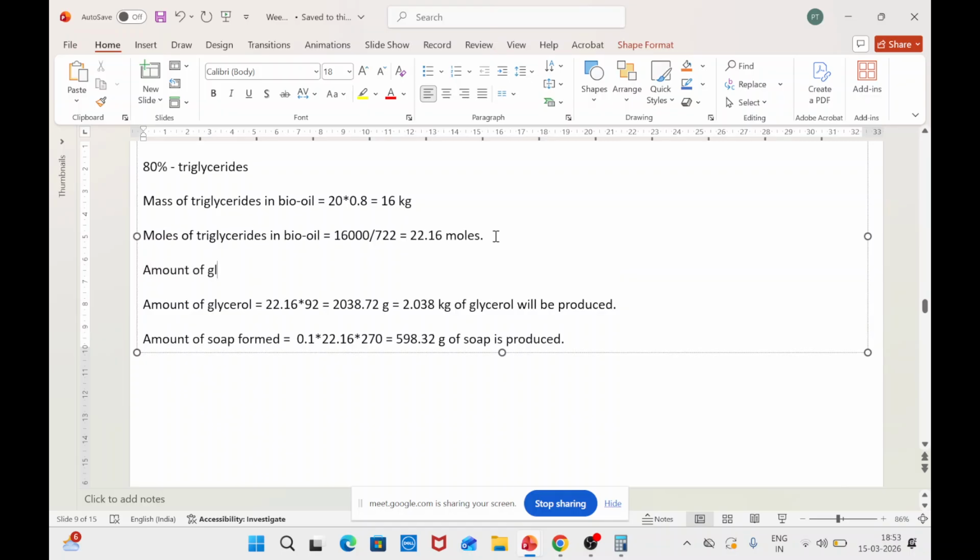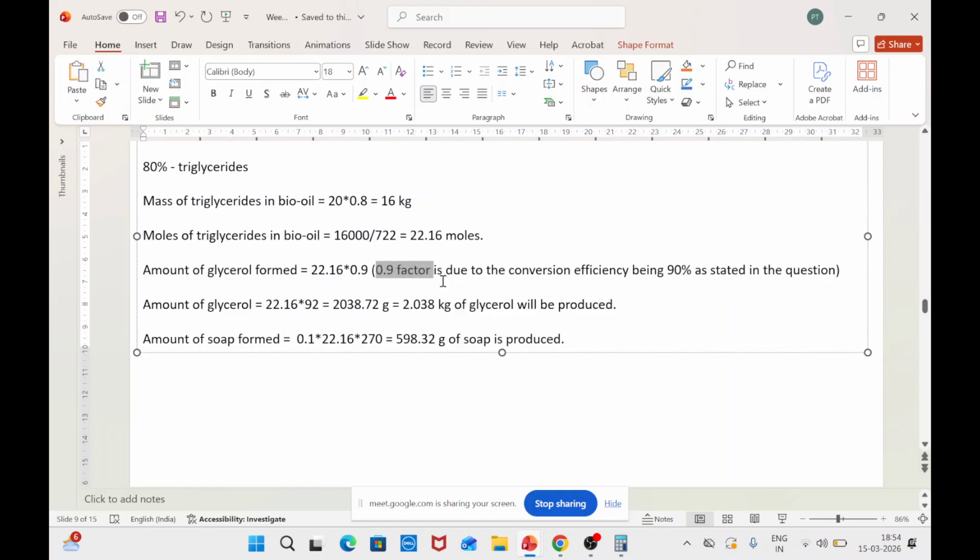Amount of glycerol formed is going to be 22.16 times 0.9, and that factor 0.9 is due to the conversion efficiency being 90% as stated in the question.